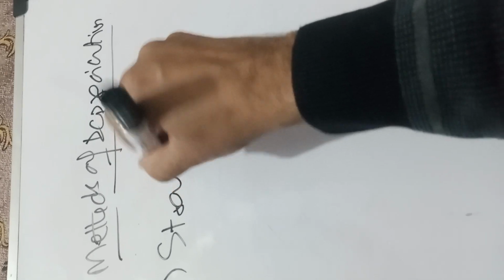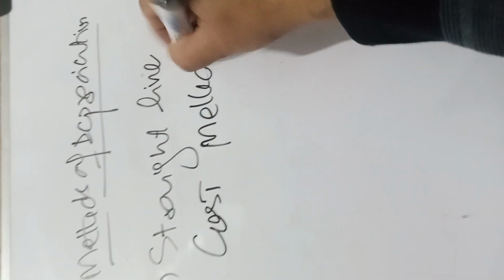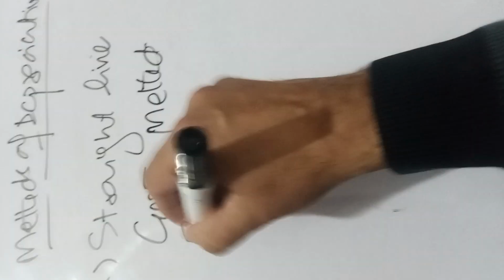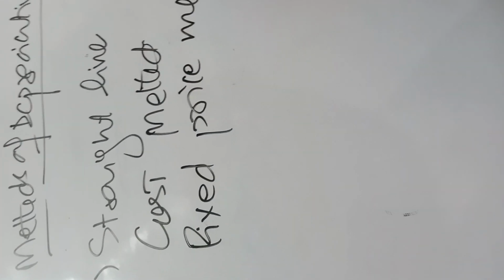Number one, straight line balance method. It is also called cost method, or the fixed price method.